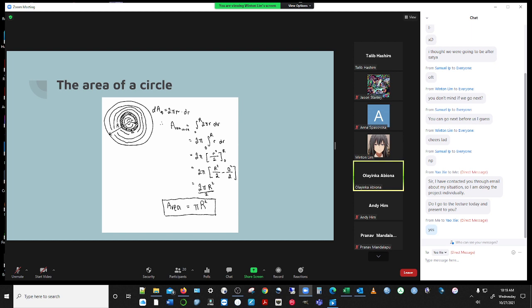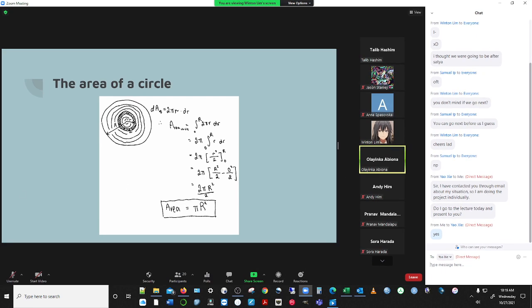We can take the 2 pi outside as it's a constant. So we are left with r. The integration of r is r squared on 2. When executed with our boundaries, we have 2 pi big R squared on 2, which is the same thing as pi R squared, the area of our big circle.